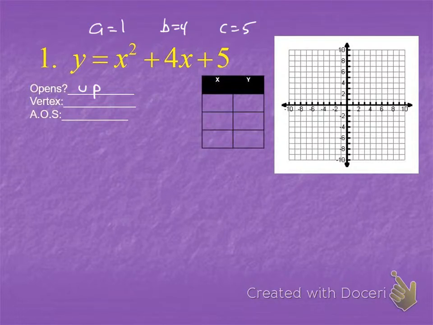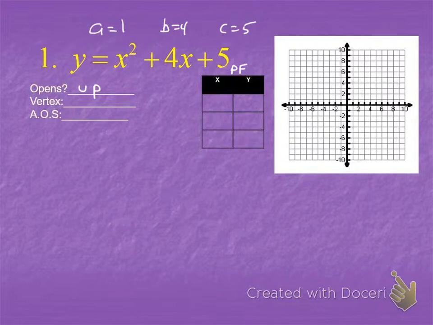Next, since A is 1, it really shouldn't be wide or thin. It should be sort of a standard shape to it. But our next step here is to go through and graph the parent function and use this xy table for the parent function. We can even label it.